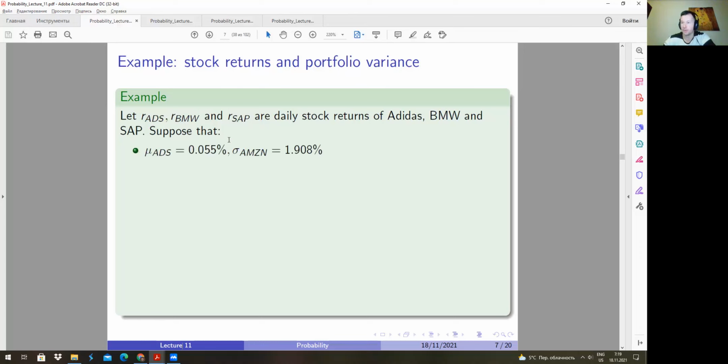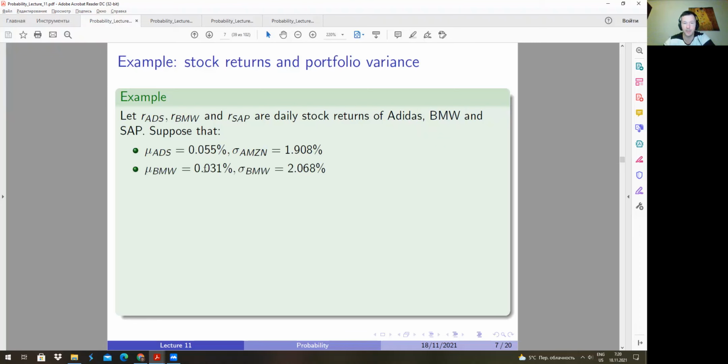Suppose we know that the expected daily return for Adidas is 0.055%, and the standard deviation of this return is 1.908%. These numbers are calculated from real data, I suppose from 2010.